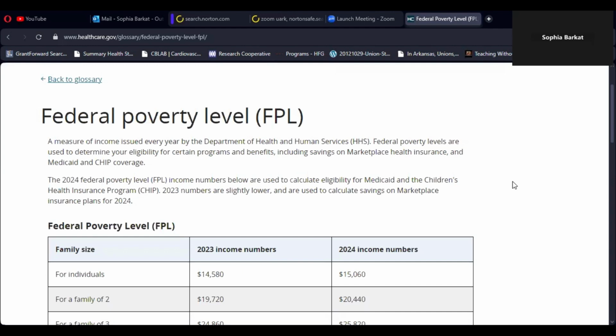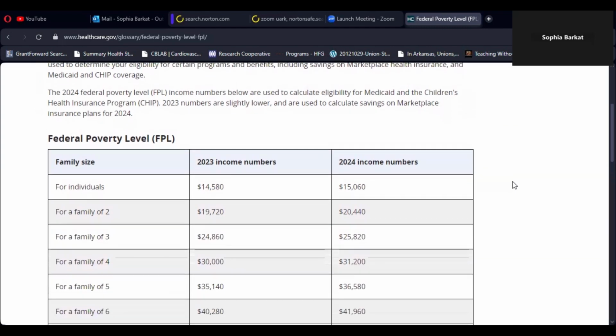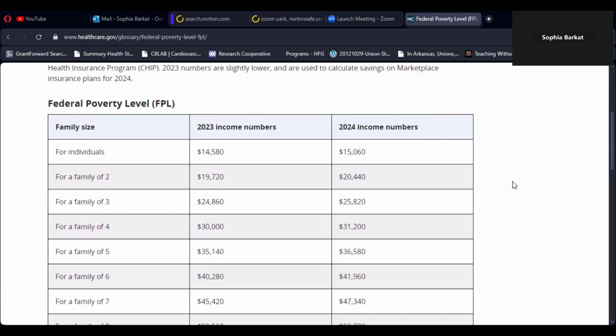So each state has one. The 2024 federal poverty level income numbers below are used to calculate eligibility for Medicaid and the Children's Health Insurance Program. 2023 numbers are slightly lower and are used to calculate savings on marketplace insurance plans for 2024. We'll talk about what marketplace means.